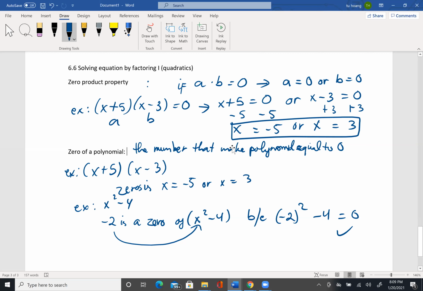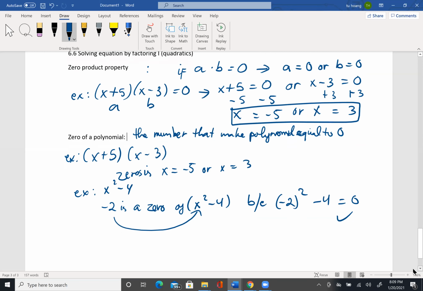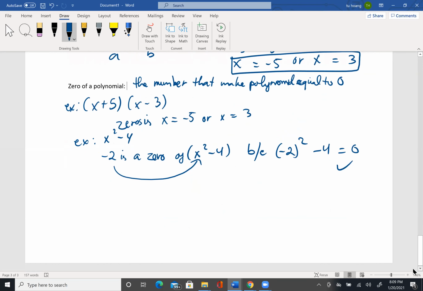Okay, lastly, let's see. We're gonna talk about solving quadratic equations by factoring. So you're gonna have 4 steps.